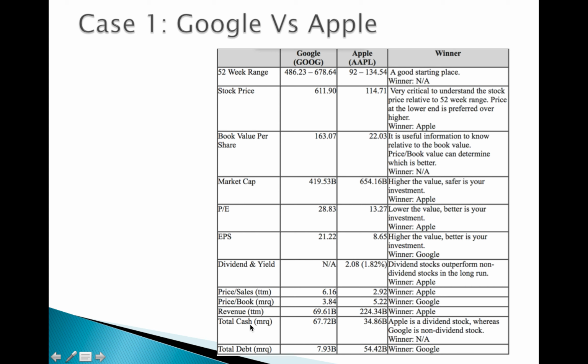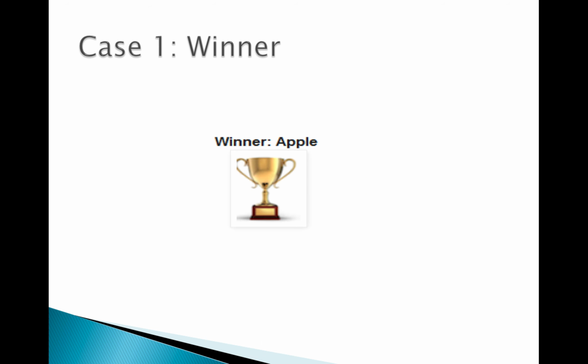Total cash, more the better. Apple, but in this case, Apple is a dividend stock, whereas Google is not a dividend stock. So it's not a good data point to compare. So winner is not applicable. Total debt, lower the better. So winner is Google. So the final outcome is the winner is Apple.